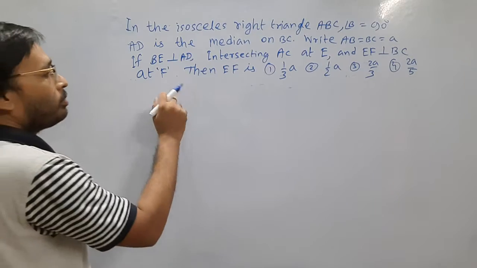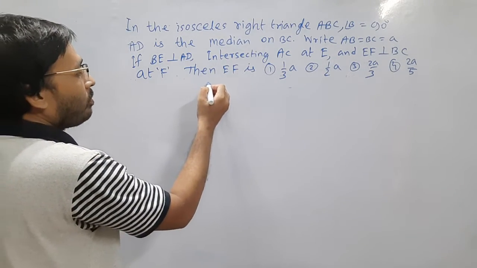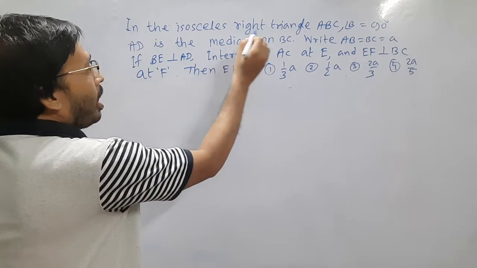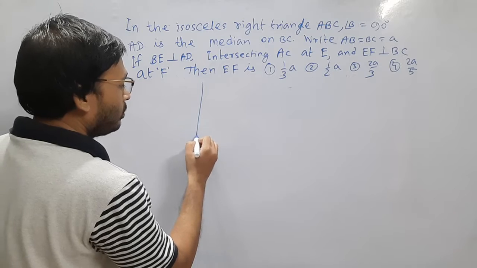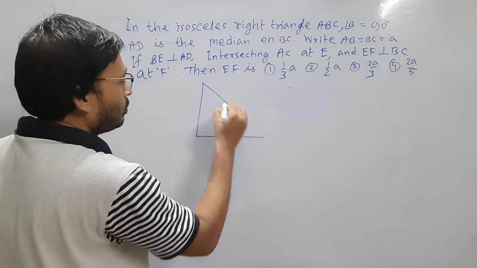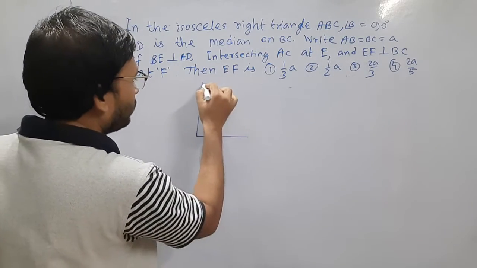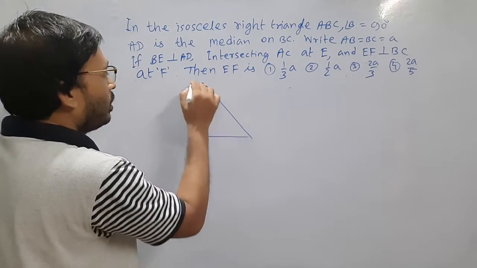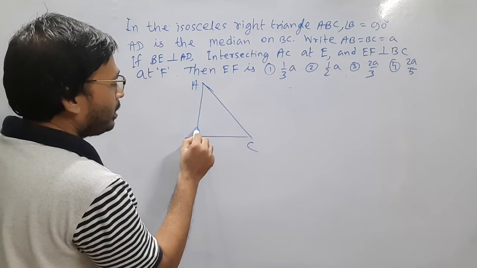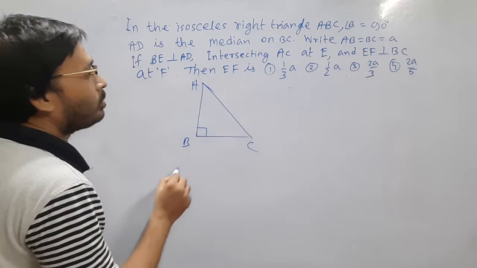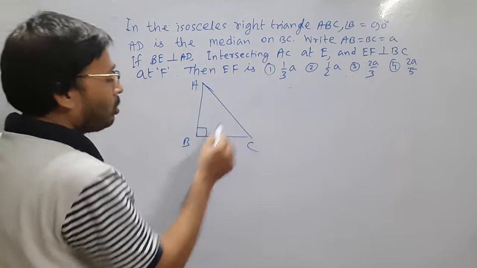About this question, look at the figure. Isosceles right angle triangle ABC, angle B is equal to 90 degrees.